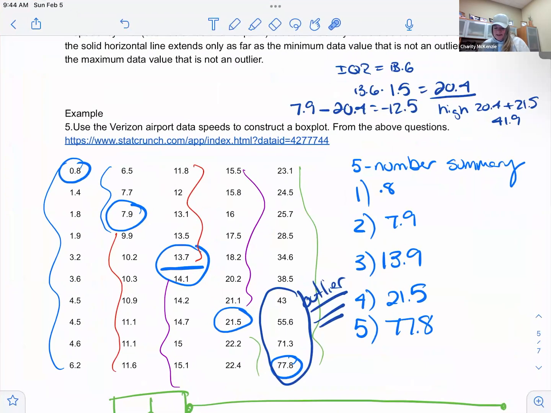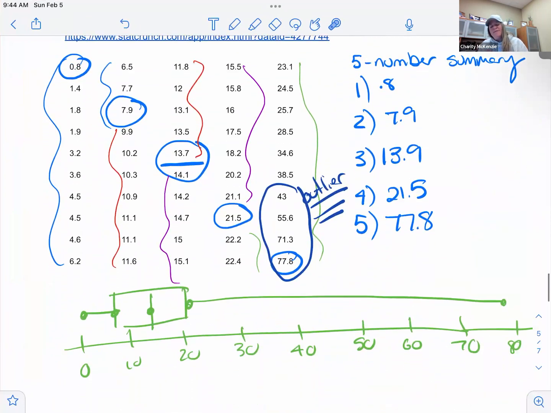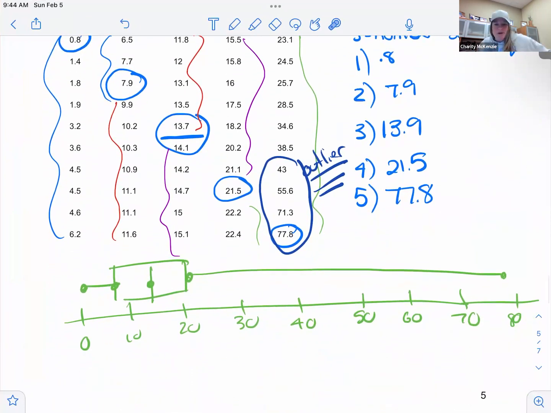Clear as mud. So it's kind of cool though. I love that Statcrunch does the modified box plot for us. It's taking this right here, and it says, okay, this 43 and this 55.6 and the 71 and the 77, they're all outliers. And then I can't remember where it stops the whisker, somewhere in here, and only does this part too, that one lower.